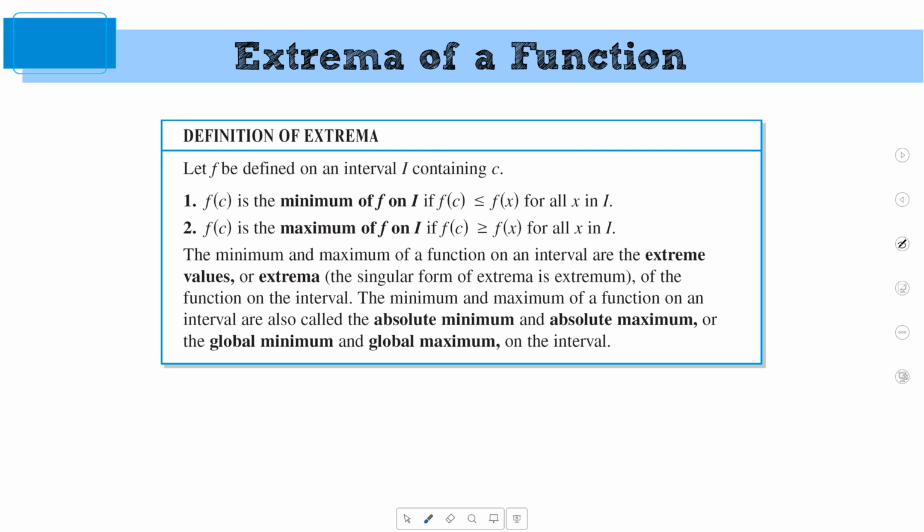F of c is a minimum of f on I, where I is some interval, if f of c is less than all the rest of the function, which is exactly what you told me earlier. It's going to be a minimum if it's the lowest point on the graph. If it's smaller than every other point on the graph, it's got to be a minimum. The opposite is true for maximum. It's going to be a maximum if it's the biggest value than any other point on the graph.